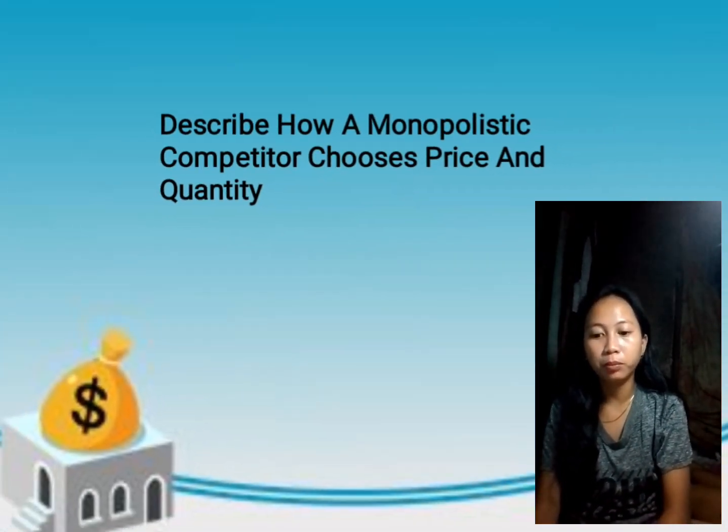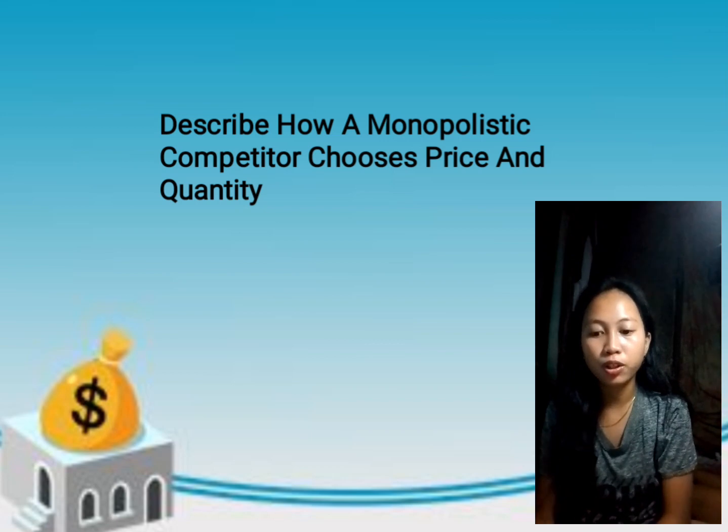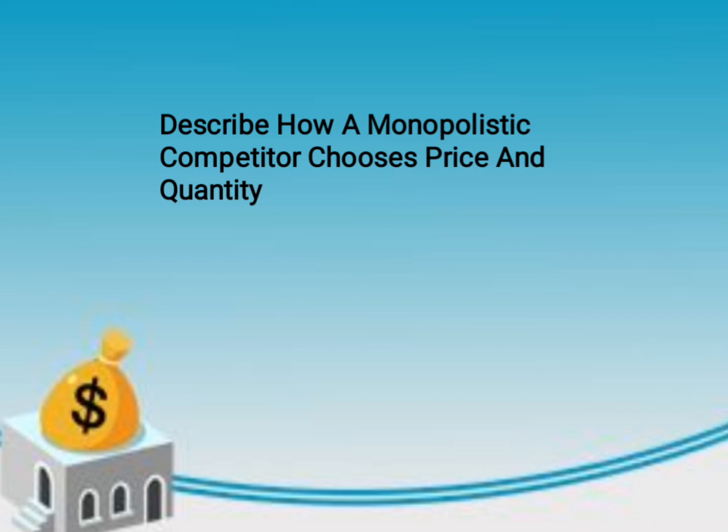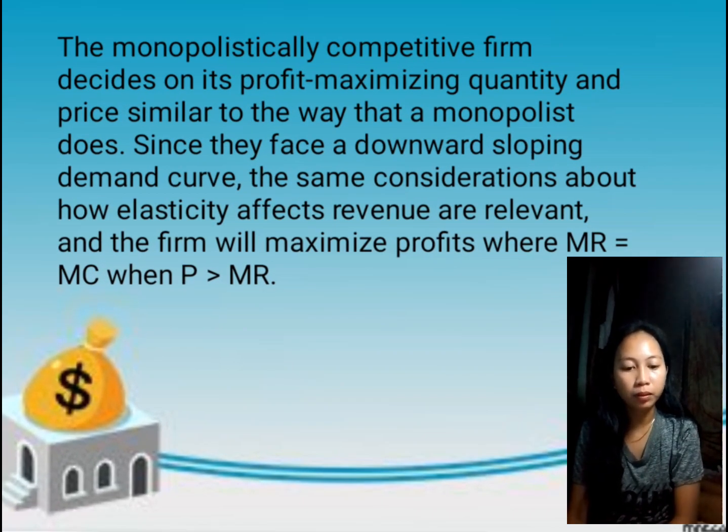Describe how a monopolistic competitor chooses price and quantity. The monopolistically competitive firm decides on its profit-maximizing quantity and price similar to the way that a monopolist does.